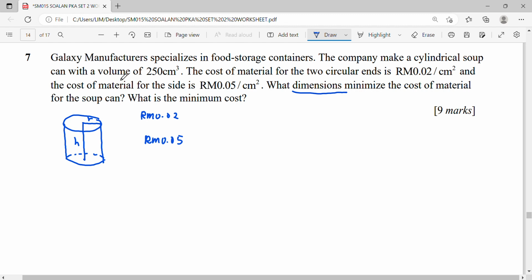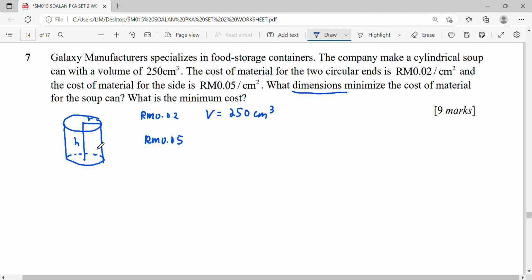Make sure this container volume can hold 250 cm cube. So first step, know your variables, know your shape, and know what you want to maximize or minimize. What you want to minimize is the cost of building this cylinder.